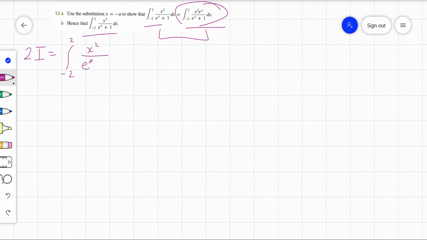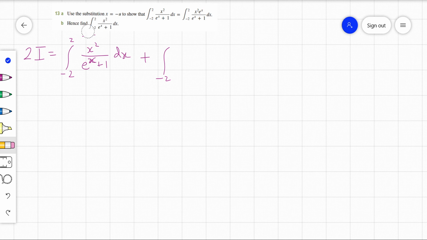So 2 times the integral would be that, with respect to x, plus this one. I'll rub this out, so I'm adding them both. So plus this one, x squared e to the x on e to the x plus 1 dx. So that's 2 lots of the integral. So if I want 1 lot of the integral, I'm just going to put a half out the front, right?